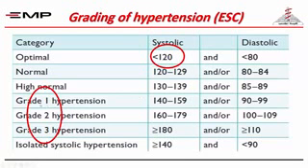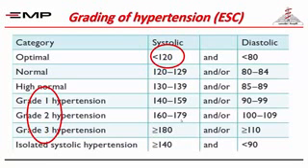Then starting with the abnormality, grade 1 hypertension is from 140 to 159 mm mercury and diastolic 90 to 99 mm mercury. Grade 2 hypertension is from 160 to 179 mm mercury and diastolic from 100 to 109 mm mercury.